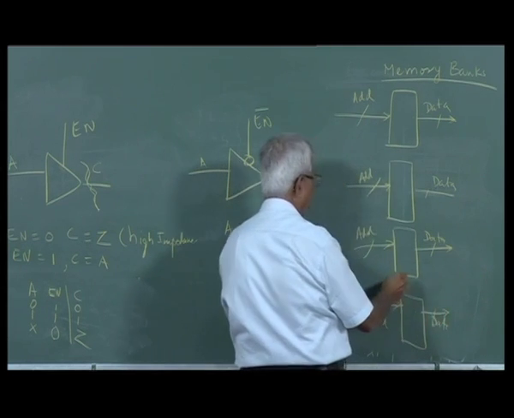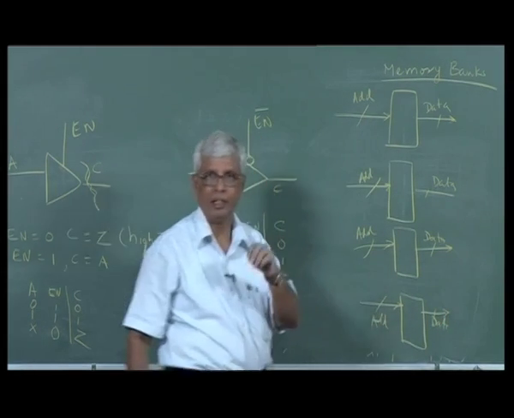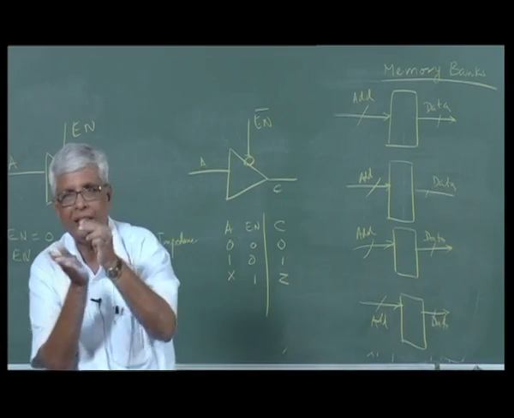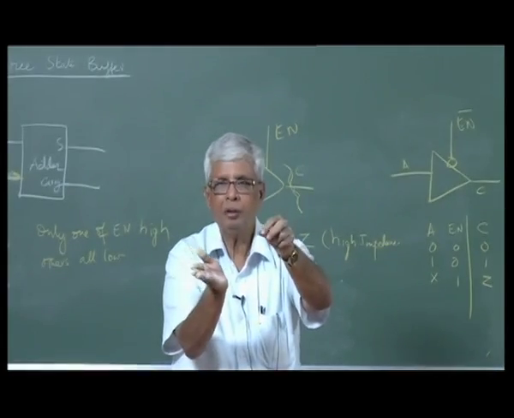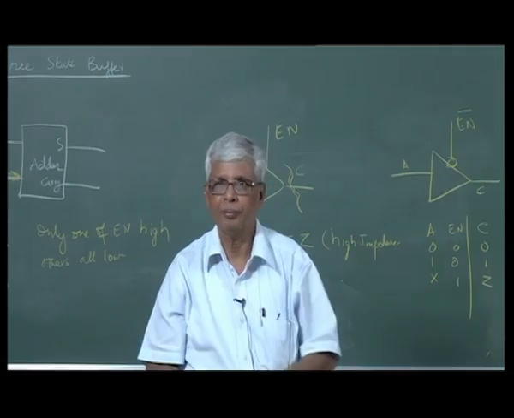But I want only one memory to be activated at a given time. I have addresses in all the 4 memories I am giving at the same time, but I want only one memory to respond.